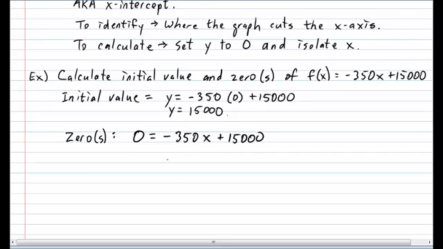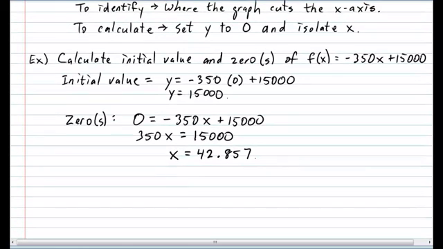So I'm going to put the x on the left side. And one more step. I find that x equals 42.857. So in this particular function, there exists only one zero.